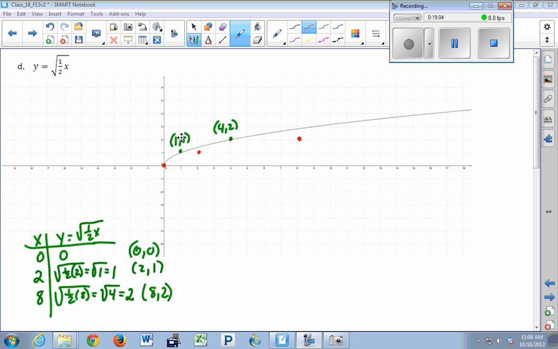So notice if you just do a little line showing your horizontal distance from here to here, the distance from 0 to 4 is 4 units. Now you are going from there to here. That's 8 units. So you've doubled your horizontal distance.